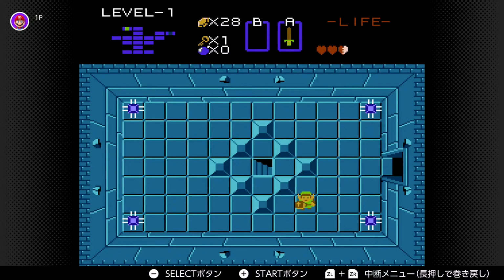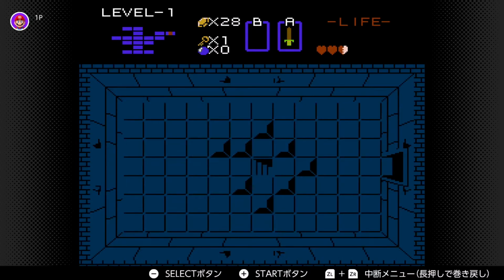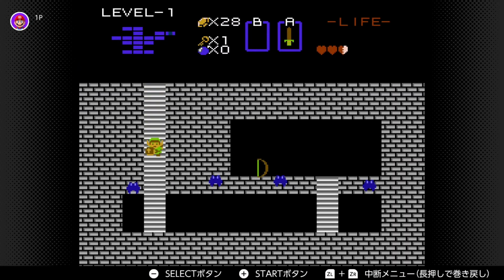Okay. Let's avoid the traps. Push the block. Go down the stairs. And yes, that's why the old man told us about arrows. It's because we're getting the bow here.